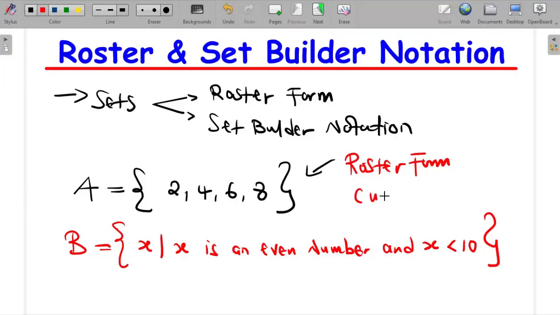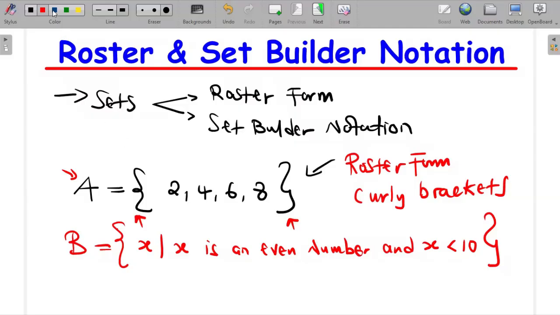Let me write the word here, curly brackets. The curly brackets are these guys that you can see here. So you list all the elements that are going to be in that particular set. In this case, we're saying set A contains 2, 4, 6, 8. So we have listed all the elements that are in that particular set, and we have used curly brackets. Then we call that type of representation the roster form.